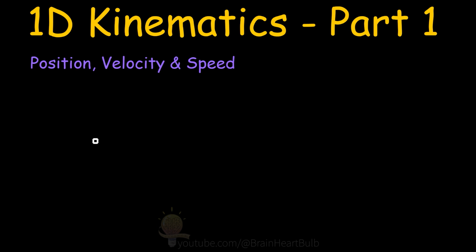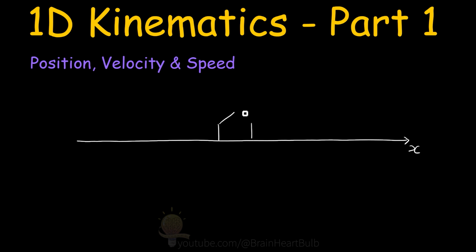So let's draw a one-dimensional line here, and our reference point is the front door of our house. Everything to the right of our house has a positive x value. And everything to the left of our house has a negative x value.